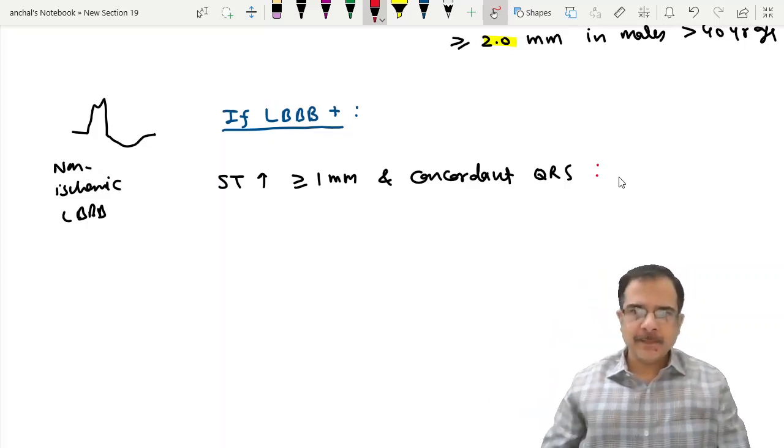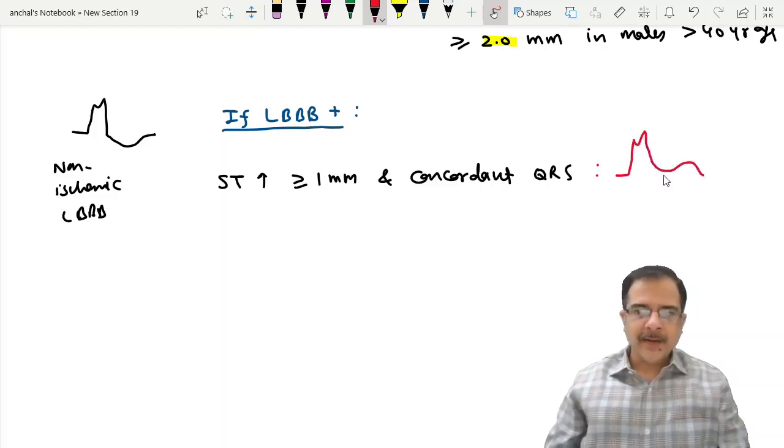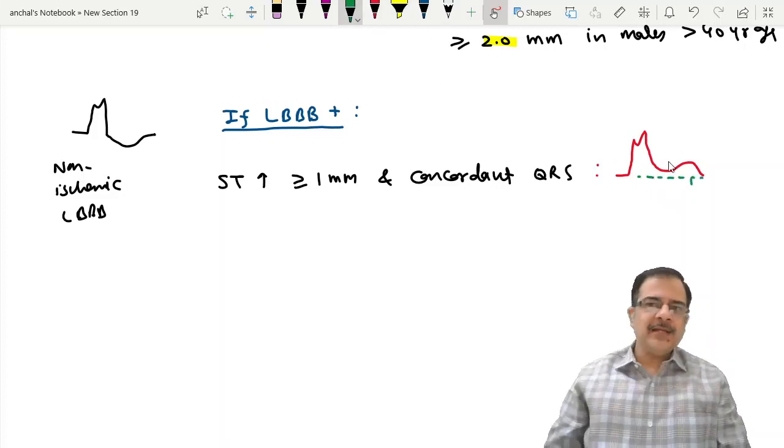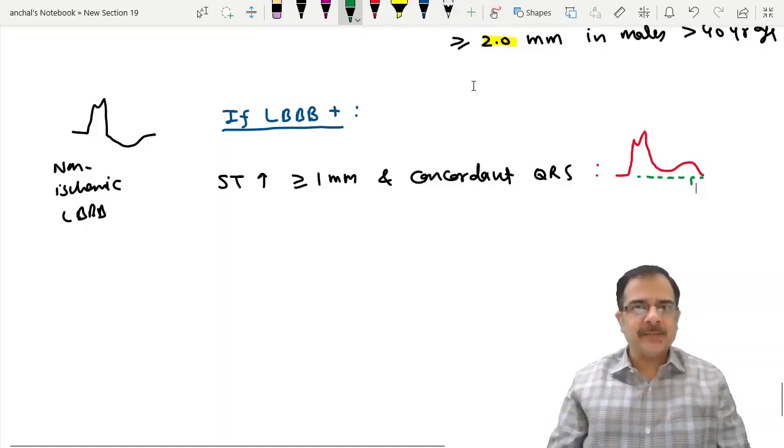So like this is left bundle branch block and ST elevation is there. Instead of depression, there is ST elevation. Suppose this is a baseline. So ST is elevated in a concordant QRS. Concordant means positive QRS and the ST segment is elevated there.